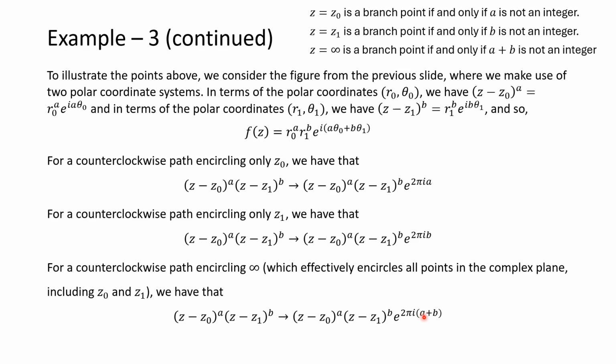The important part is the a + b. So if a + b is not an integer, then we know from our analysis of the z^z example a few slides back that this is a different value. It's not equal to 1, and that implies that the point at infinity is a branch point.